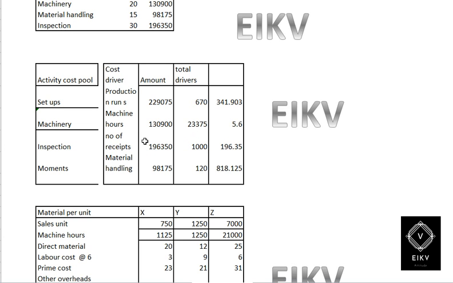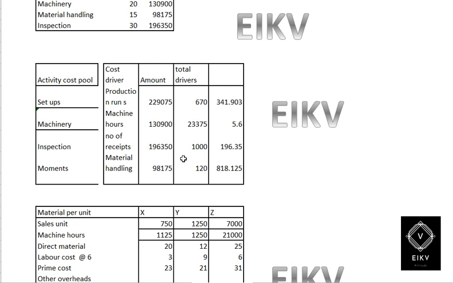Next one is inspection. The cost driver is the number of inspections. The inspection cost is 1,96,350 and the number of inspections is 1000. Therefore 1,96,350 divided by 1000 will give the cost per inspection as 196.35.